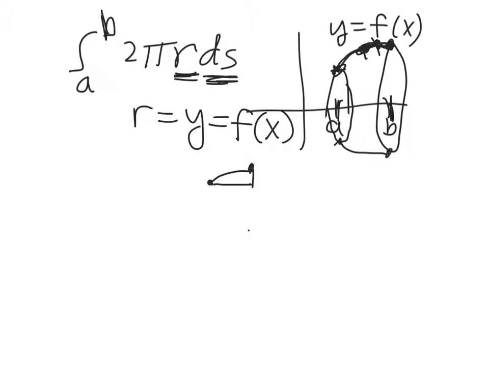The hypotenuse is going to be following that curve, but the smaller it gets, the closer it gets to a straight line. This is delta x, this is delta y, so delta s, which will turn into ds as we make this infinite number of slices.